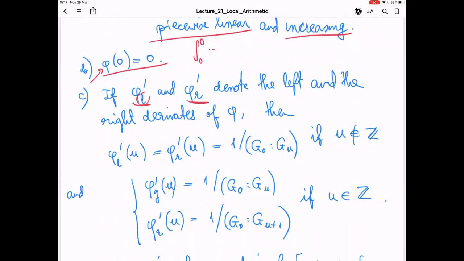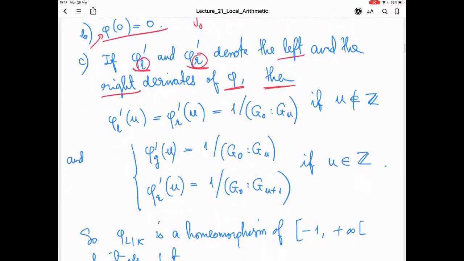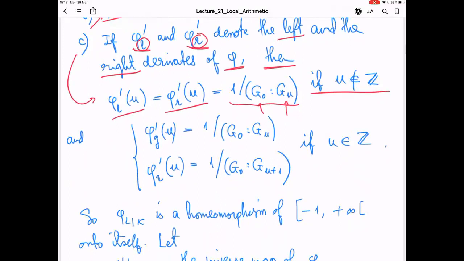Now phi L prime and phi R prime are the left and the right derivatives of phi. Then what this says is that the left derivative and the right derivative are both equal to 1 upon g naught, the index of gu in g naught, if u is not an integer. And the left derivative is this, and the right derivative is this, if u is an integer.